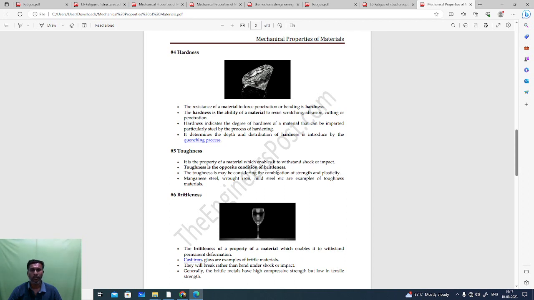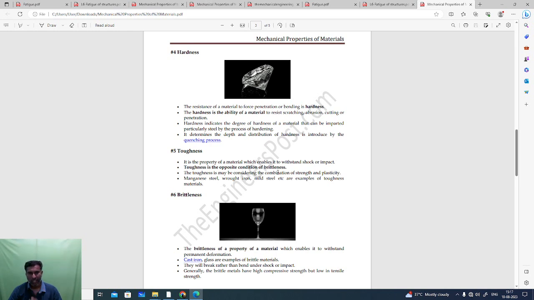Hardness indicates the degree of hardness that can be imparted, particularly to steel, by the hardening process. To determine the depth and distribution of hardness introduced by the quenching process.